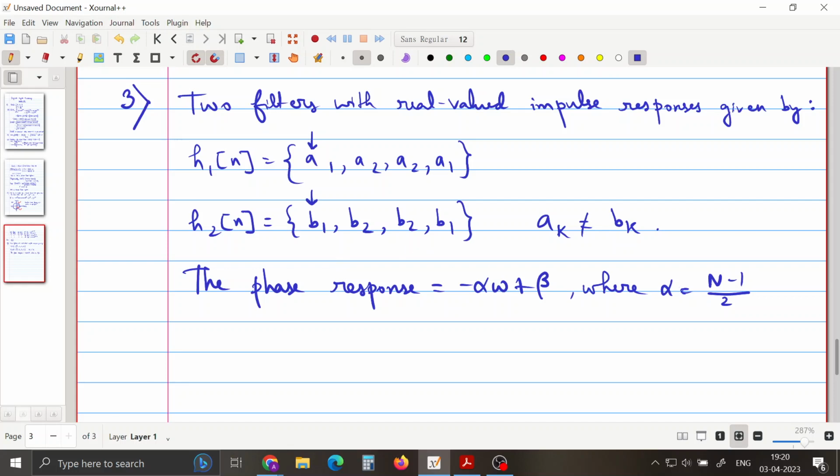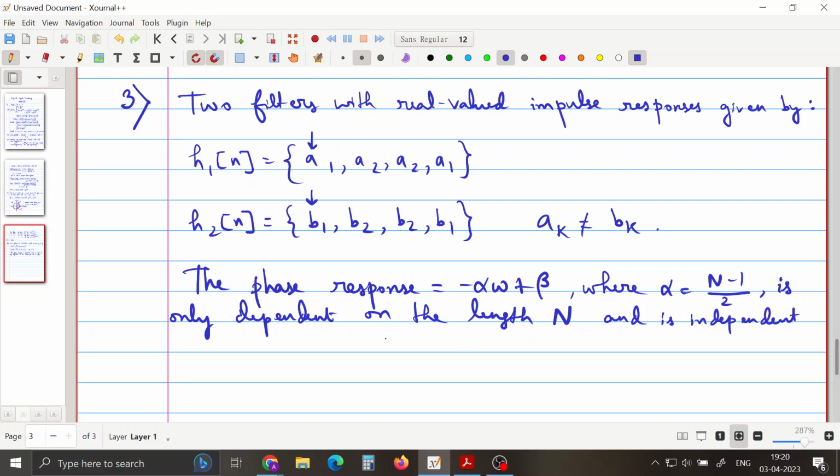So this phase response is only dependent on the length capital N, and is independent of the impulse response.